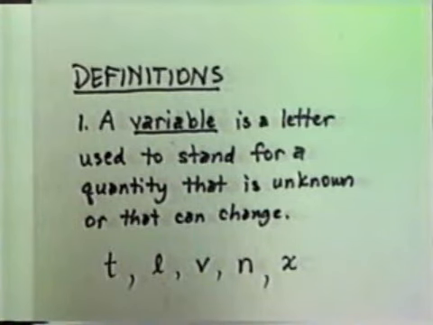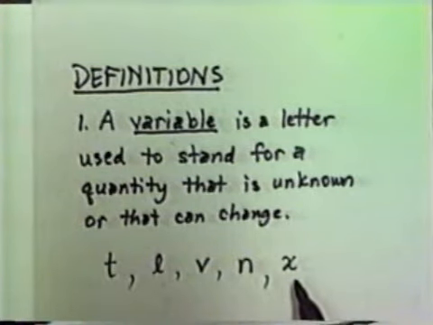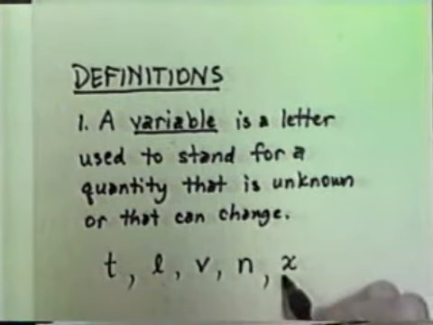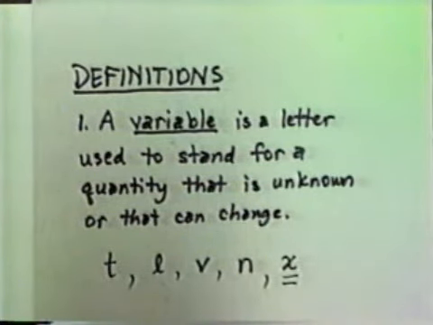For instance, notice how I wrote the letter L. If I wrote a print L, it might look like the letter 1. If I wrote the T without the little curl on the end of it, it might look like a plus sign. The X has a slight disadvantage, you would think, because of multiplication. But we avoid that by using other symbols for multiplication. So X is the all-time favorite choice of variable if there's no reason to choose something different.